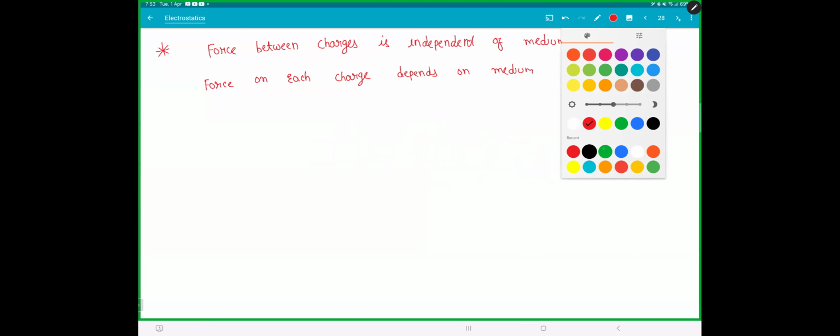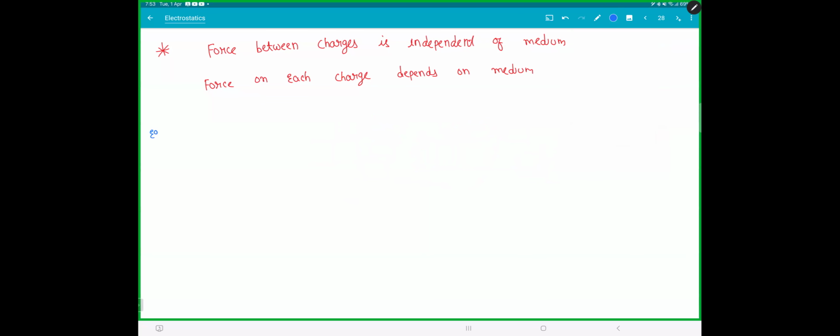So in the exam, they'll ask a question like this. Let's say we have two charges, Q1, Q2, and let's say in vacuum, the force between them is F. Now what you did, you kept the whole system in a medium.